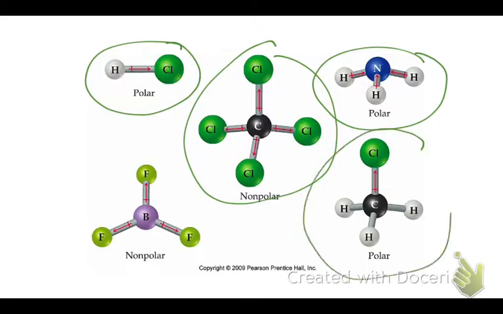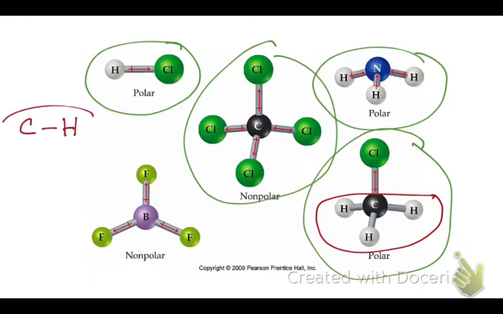Now look at this molecule. Why is that polar? Because, please make the following note: any carbon-hydrogen bond is always going to be considered non-polar due to a very small electronegativity difference.